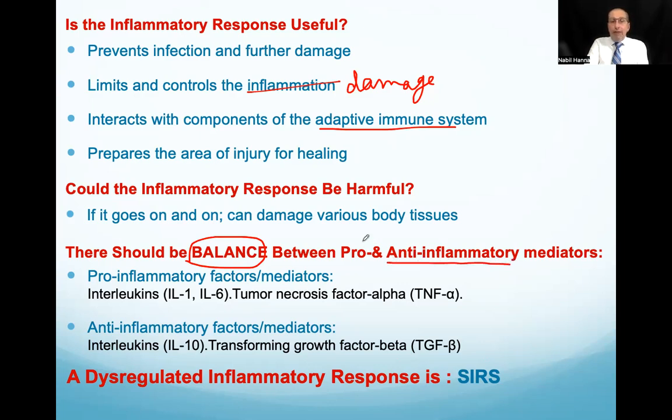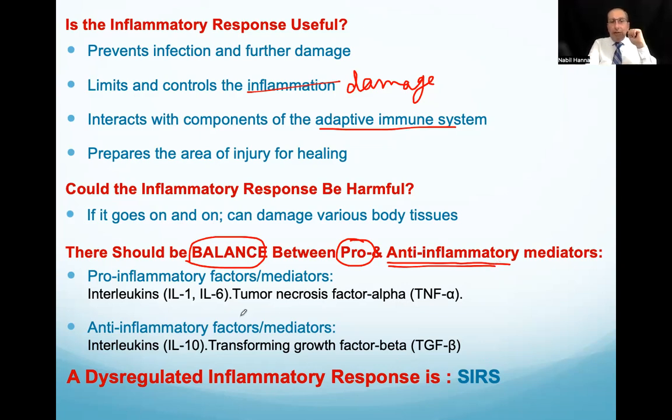So the pro-inflammatory mediators initiate and maintain and stimulate inflammation, and the anti-inflammatory mediators oppose inflammation, so that at the end of the day, you have a well-controlled inflammatory response that only protects you, and it works for specific period of time and does not last too long, and therefore does not harm you.